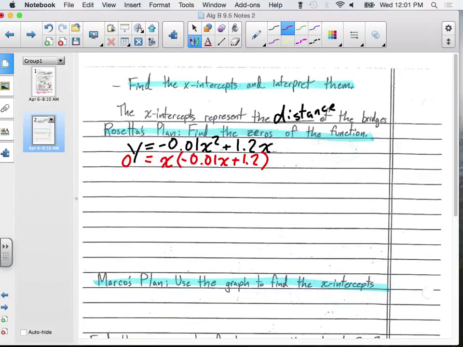Because then we can use what's called the zero product property, which says what? Set each factor equal to 0 and solve for x.